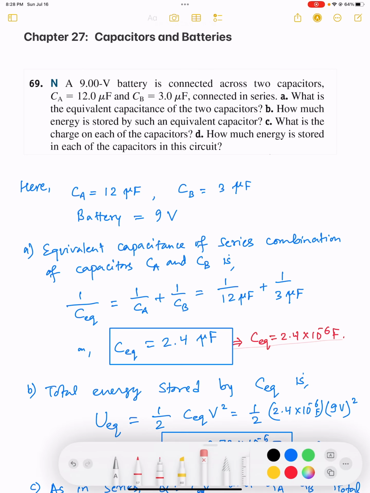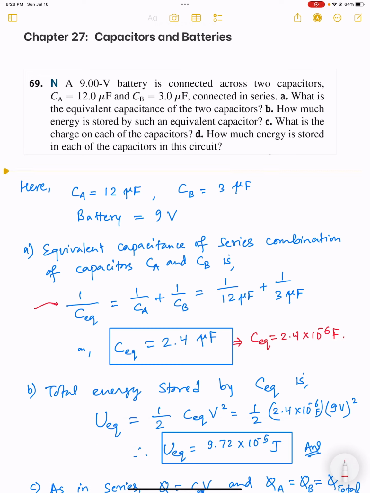So the equivalent capacitor of the series combination is this. 1 over C equivalent equals 1 over CA plus 1 over CB. So that equals 1 over 12 microfarad plus 1 over 3 microfarad.